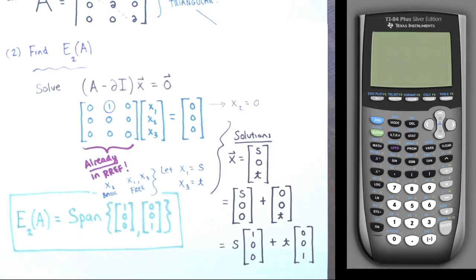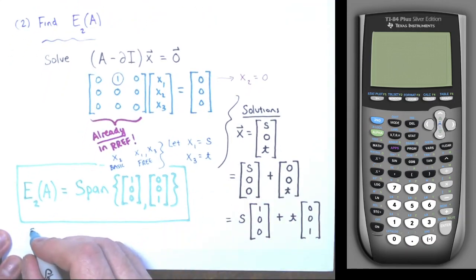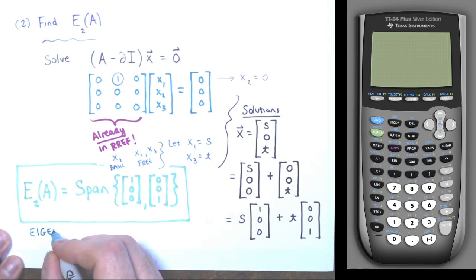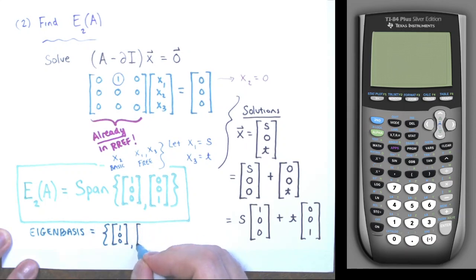And my apologies, but remember, any set with two non-zero vectors that aren't scalar multiples of each other are linearly independent. So we have an eigenbasis, right? Corresponding to lambda equals 2, which would just be this set with the vectors 1, 0, 0 and the vector 0, 0, 1 in it.